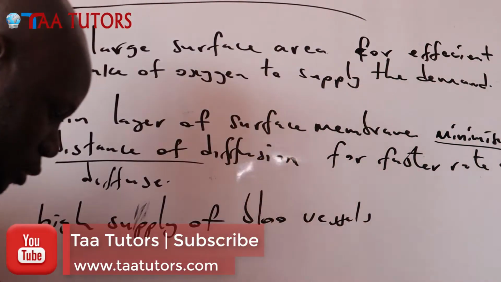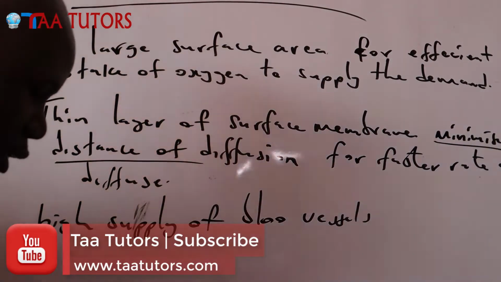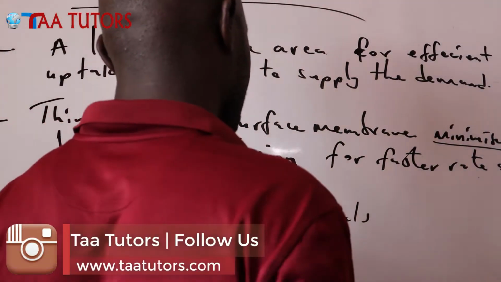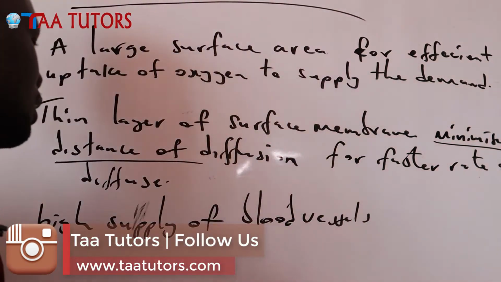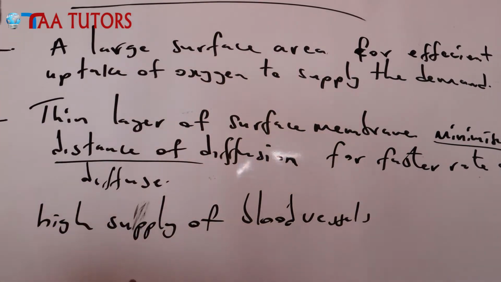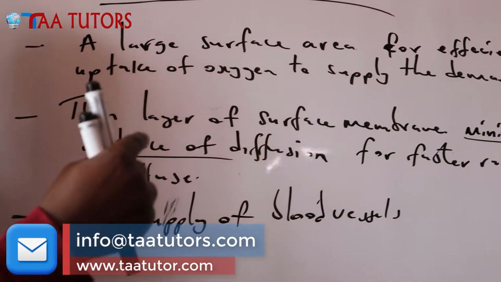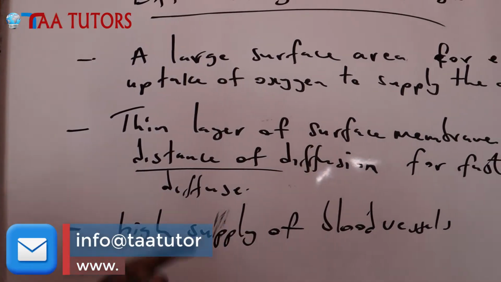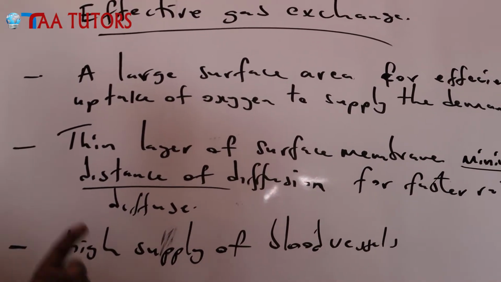Like in this case, we are talking about the capillaries. So the whole membrane is supplied with a lot of blood vessels. Now the reason for this is to make sure that there is a lot of blood coming to this surface here. What is the role of blood? The blood will be doing the work of transport, and therefore it is going to bring in the element of mopping up at the membrane that I was talking about, to always make sure that there is a concentration gradient.